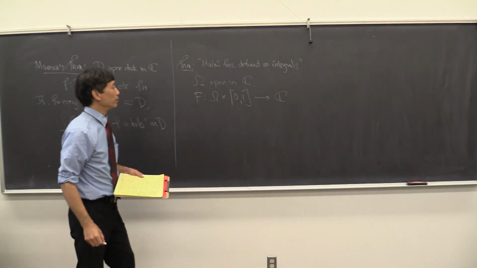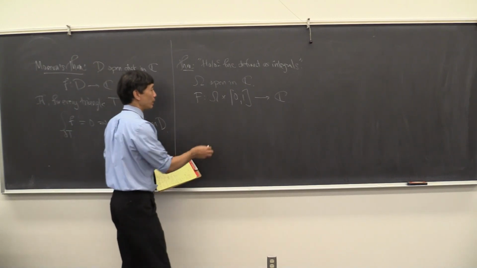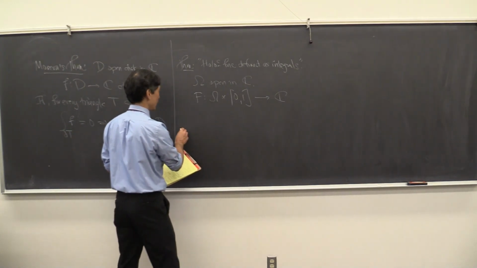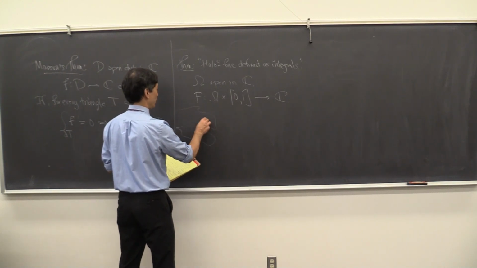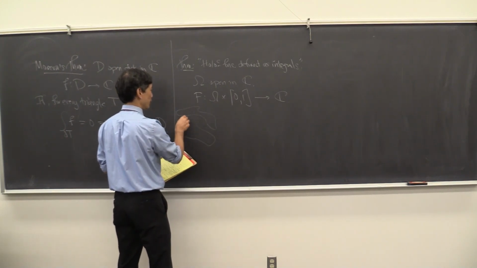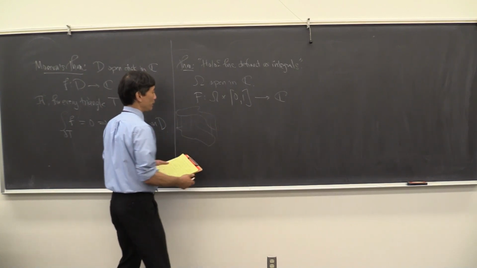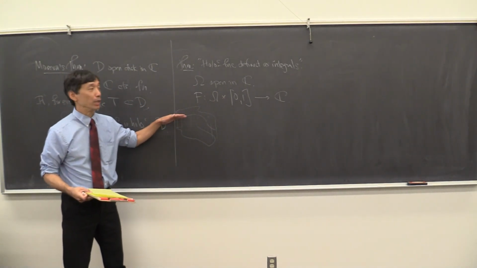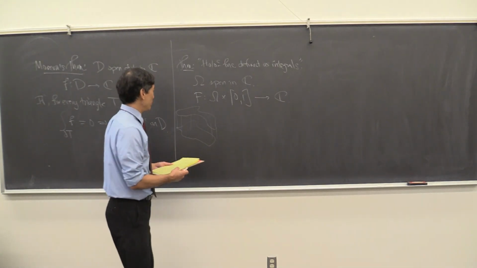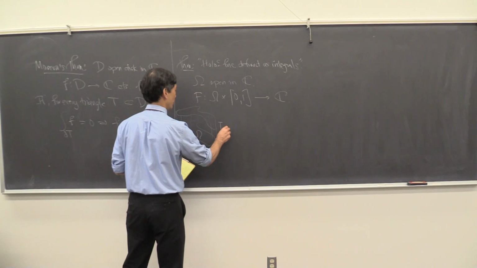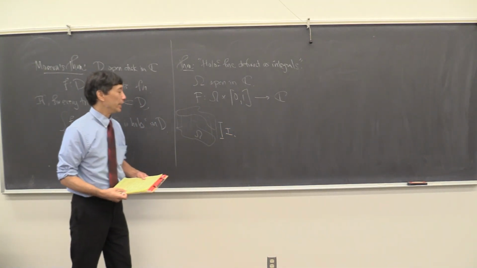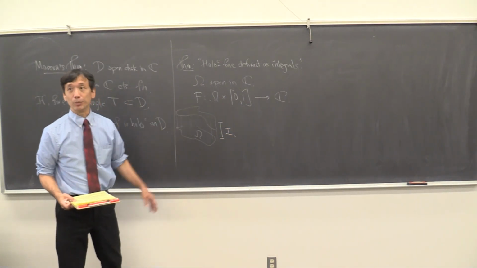So you have the Cartesian product, right? You have some omega, and then you cross it against [0, 1], and you get this sort of object. Here's your omega, here's your interval I, and you take the Cartesian product of them.